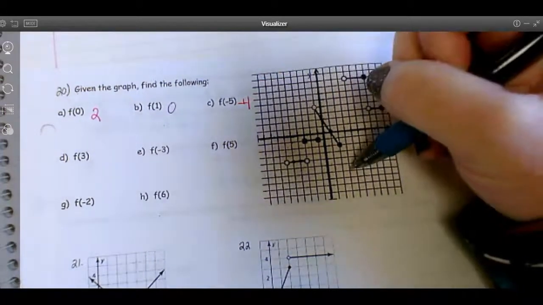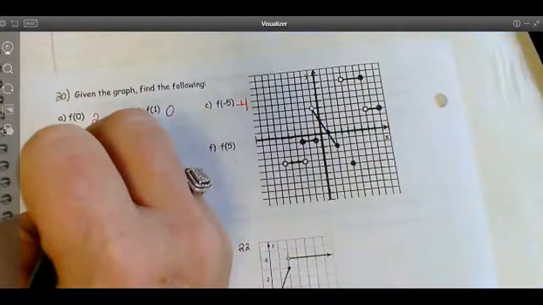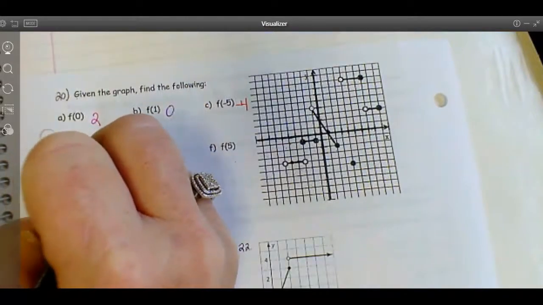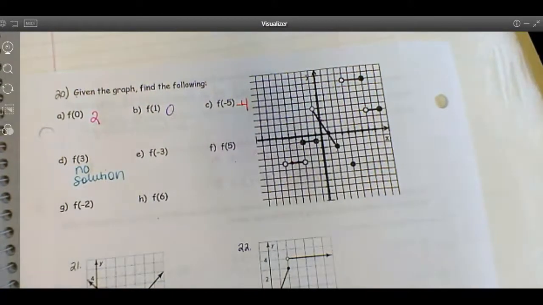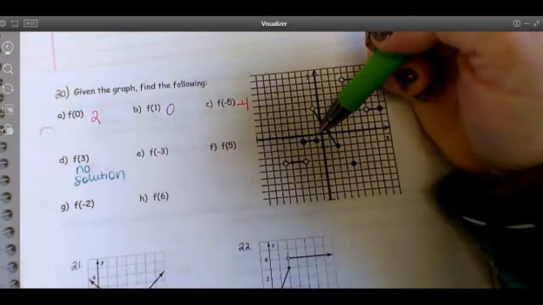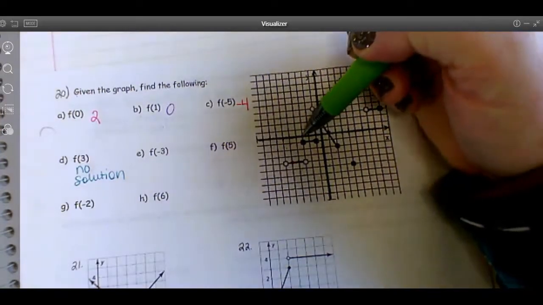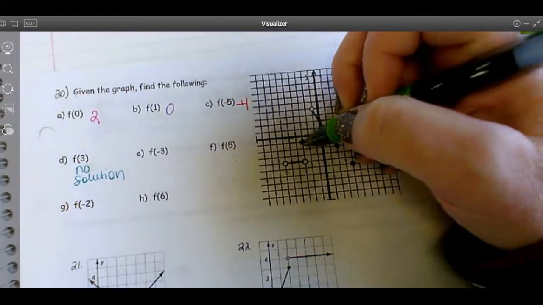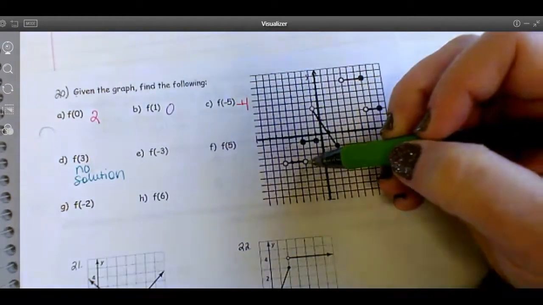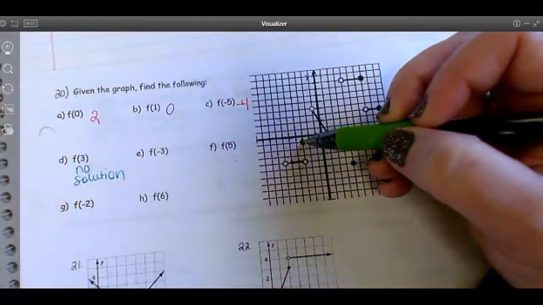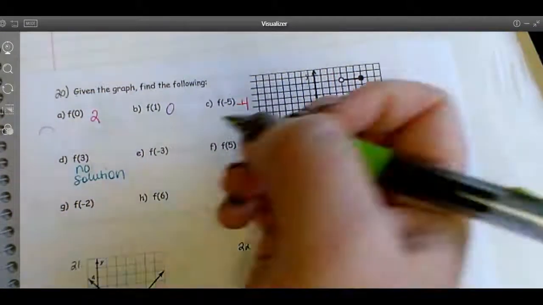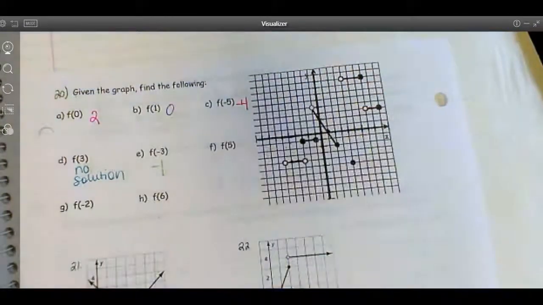There's nothing there, so this is no solution on f of 3. Alright, f of negative 3, so I go to negative 3 and I find the value. It's here at this closed circle. It's not the open one, but it's the closed one, so it's that value there, which comes out to be negative 1.